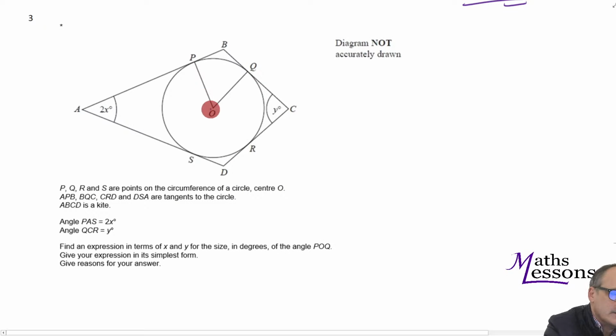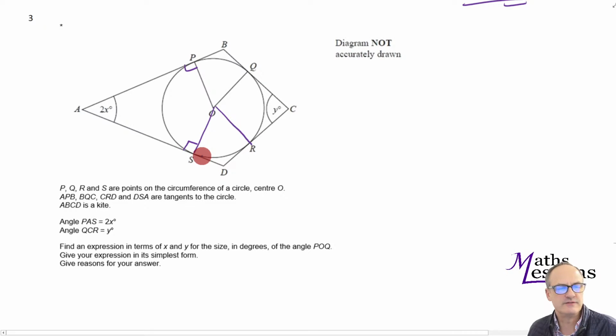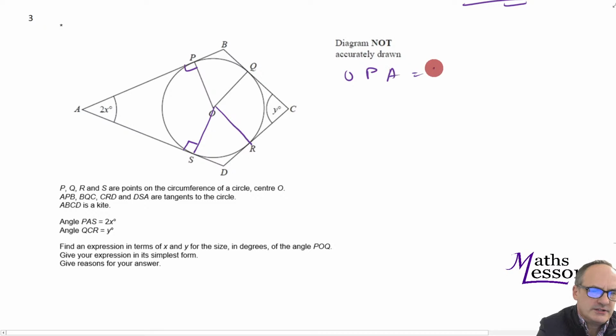Okay, so here we go. It might be worth drawing in these lines to help. Now, what you should realise is you have a tangent here, so there's a bit of a theme going on, a bit of a tangent theme for today: right angles between tangent and radius. And you should realise that OPA is equal to 90 due to tangent and radius theorems.